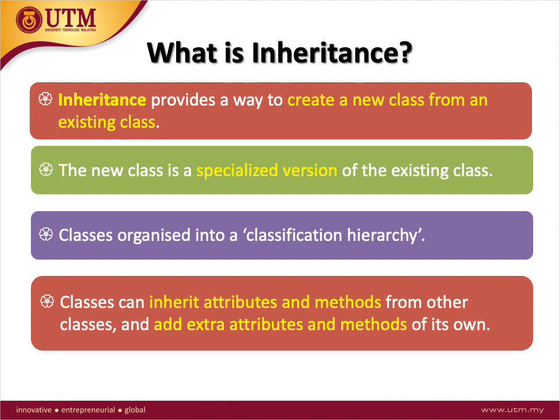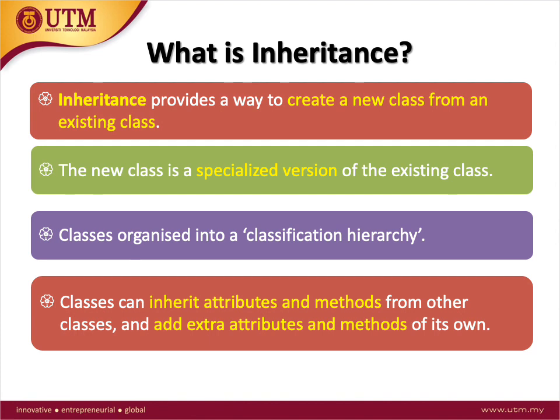Classes are organized into a classification hierarchy. So it's hierarchical, and classes can inherit attributes and methods from other classes and add extra attributes and methods. For example, the student class is a base class. Then you have the derived classes, for example undergraduate and postgraduate.